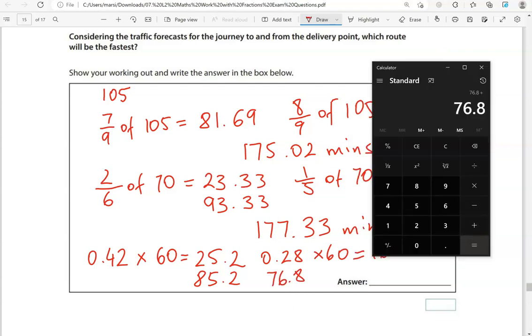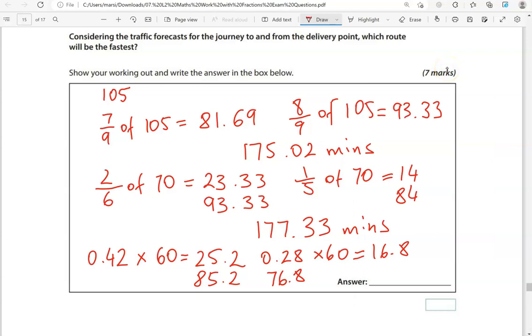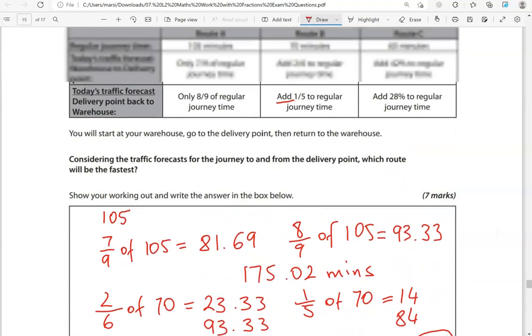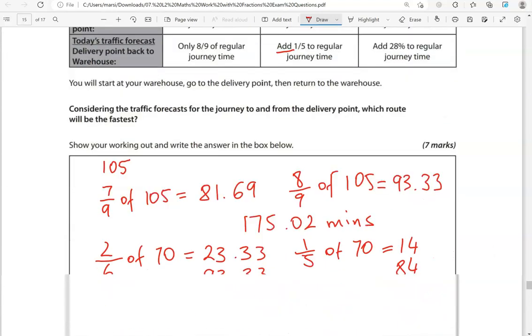Add that to the 85.2 gives us 162. So, which one is the smallest? That's this one, 162 minutes. So that is route C.